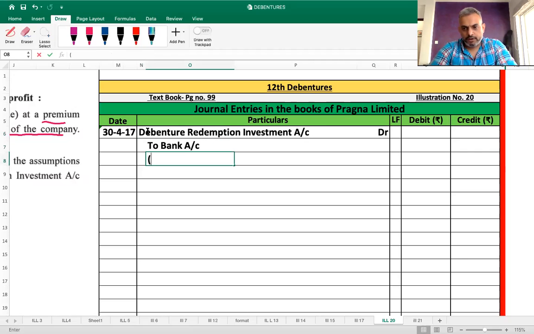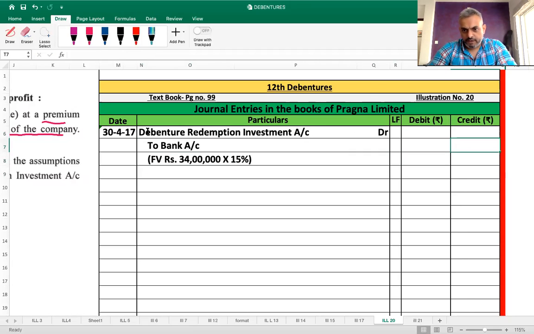I'll do the working over here. Face value is rupees 34 lakh into 15%.